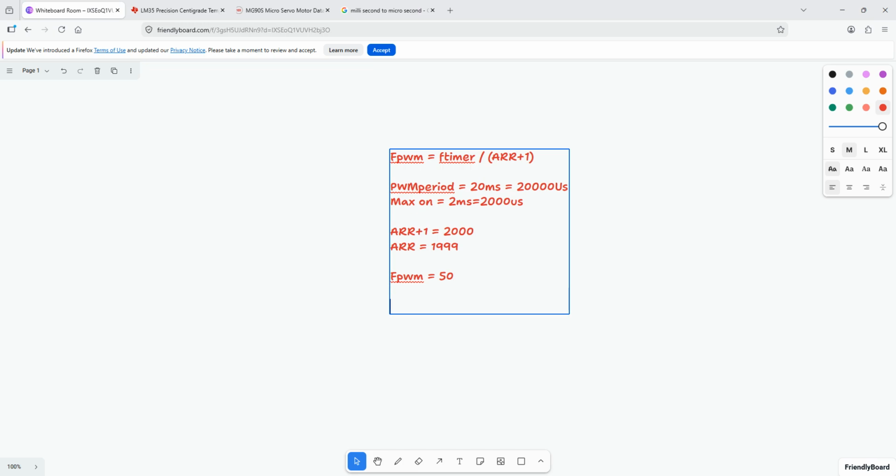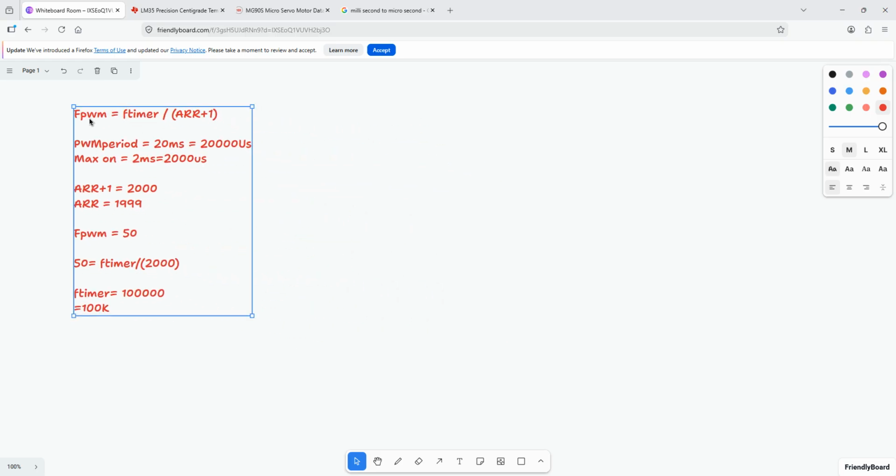So the equation will be 50 equals F_timer divided by 2000, and then F_timer is equal to 100k. So this is the F_timer frequency that we calculated from our PWM period and the on time we have.